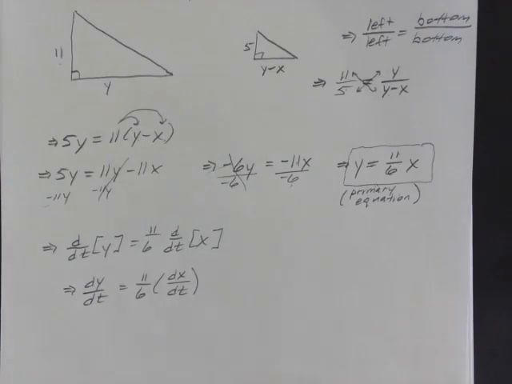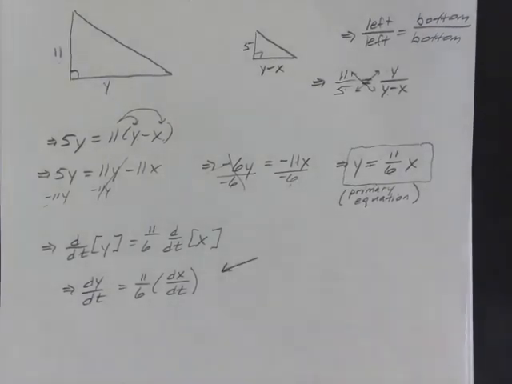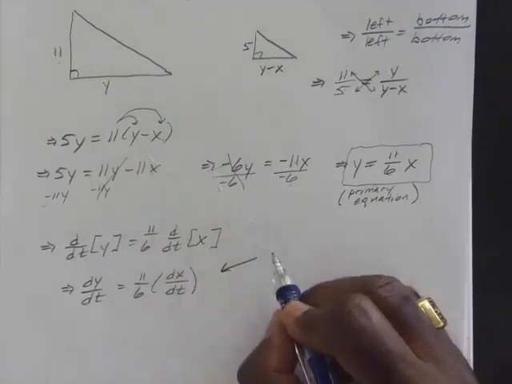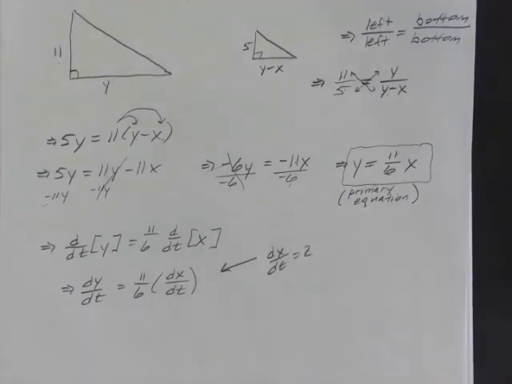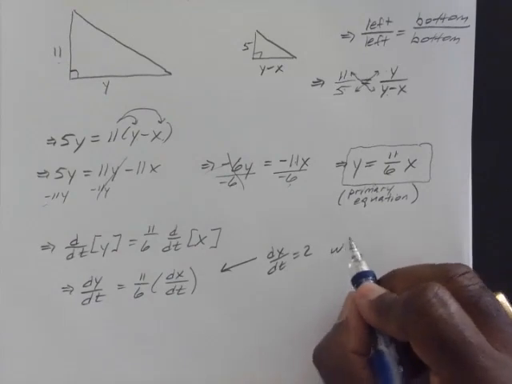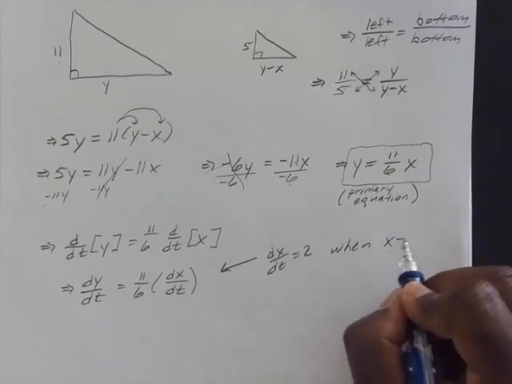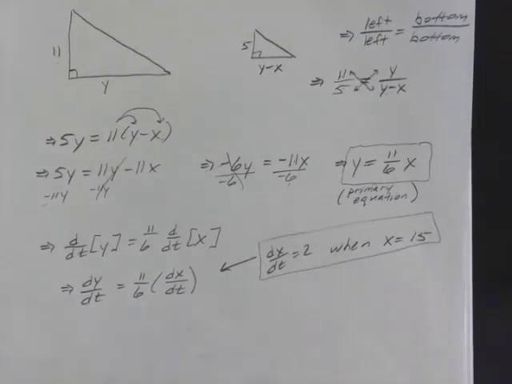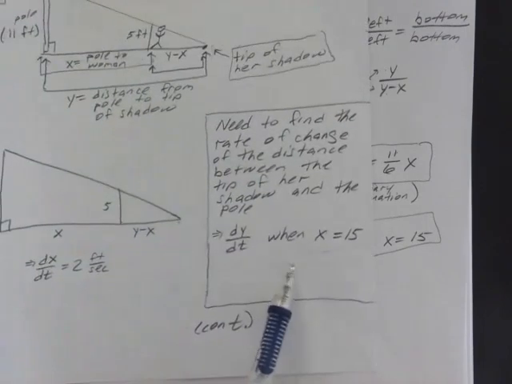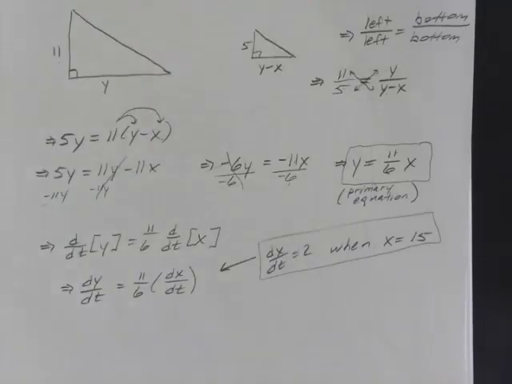If you remember, dx dt is equal to 2, and we want to know when x is equal to 15, which is what we isolated on the first page.